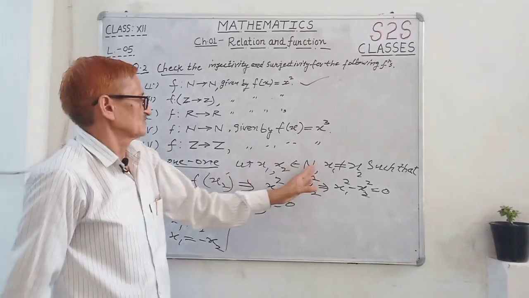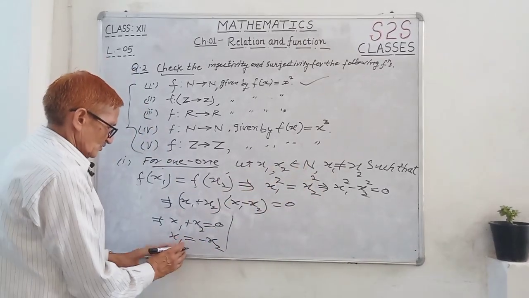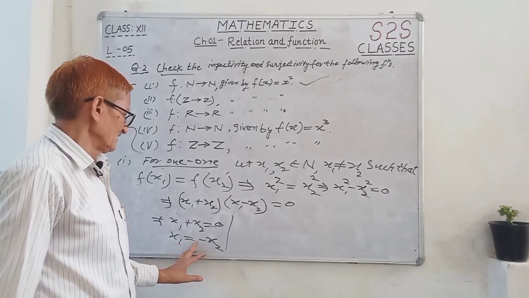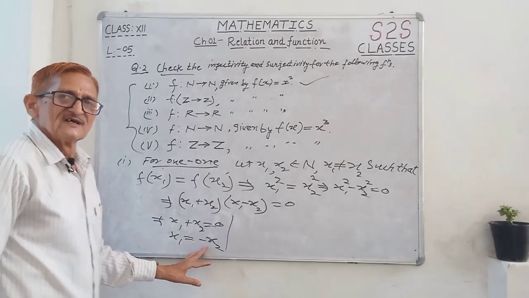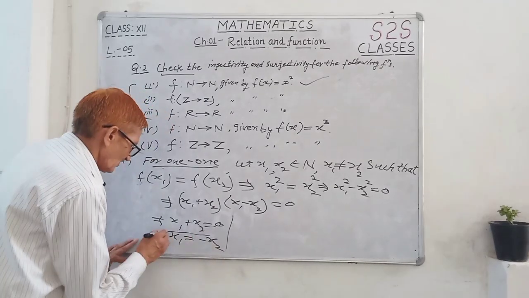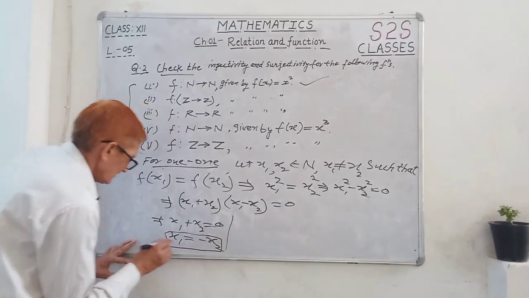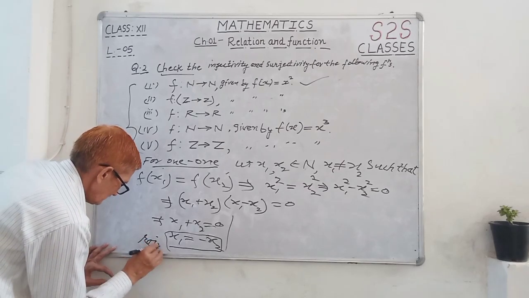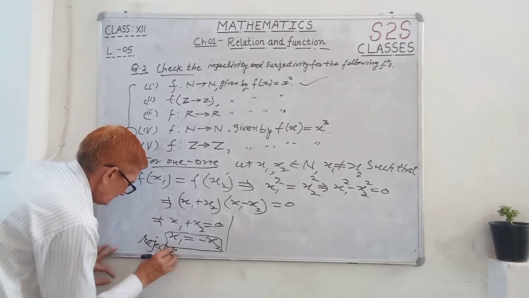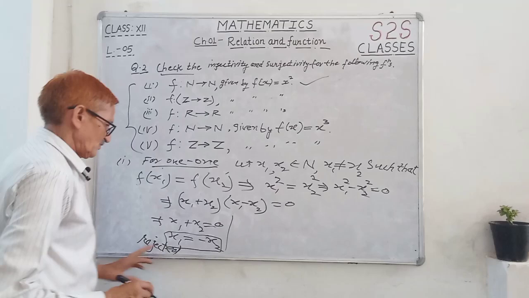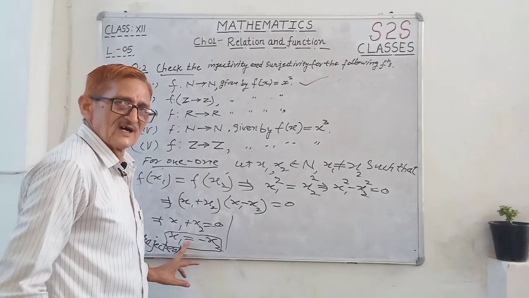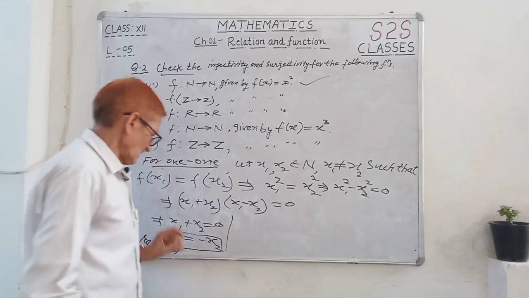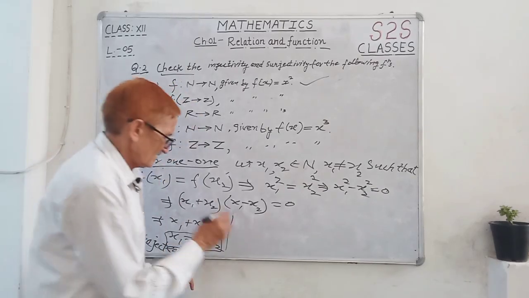And x1, x2 belong to natural numbers. So one natural number equal to the minus of another natural number is not possible. Rejected.